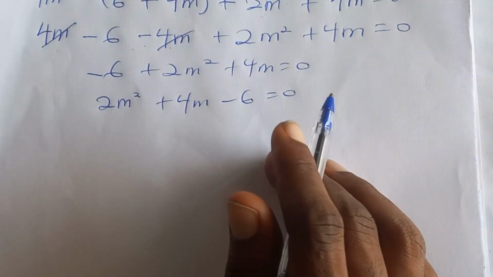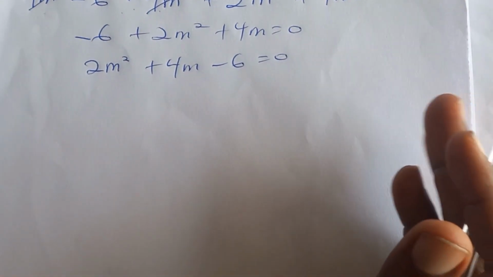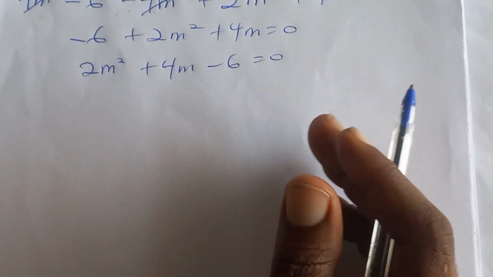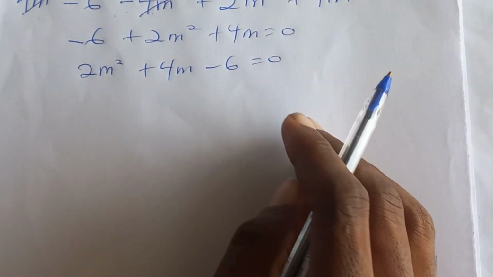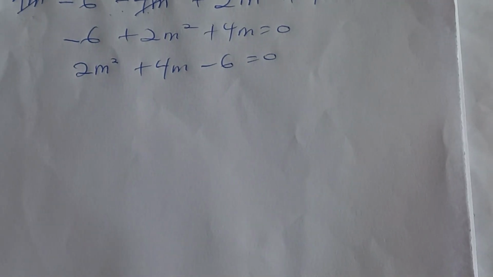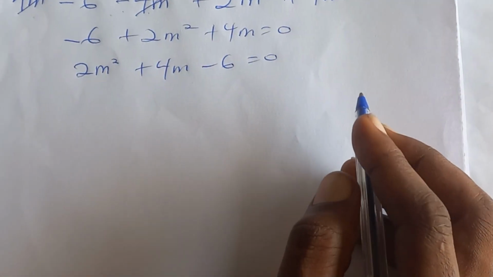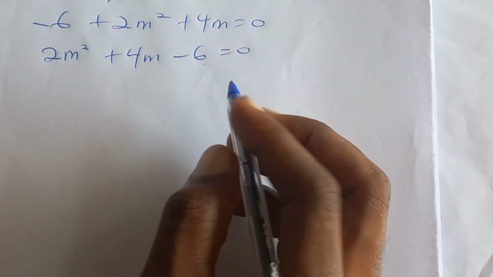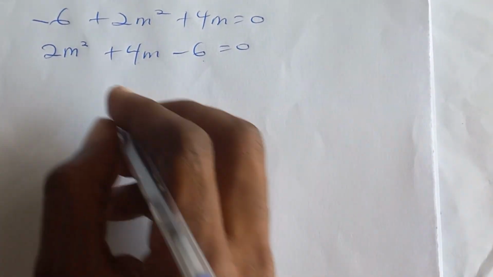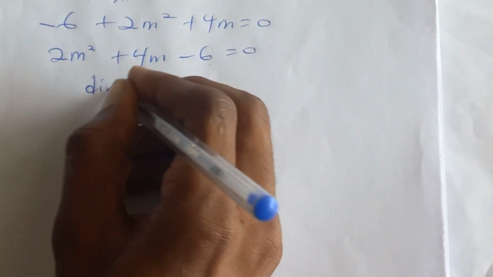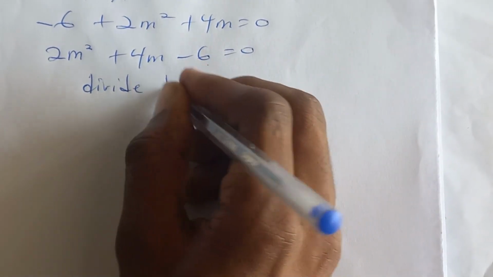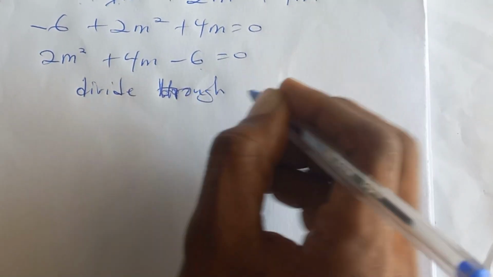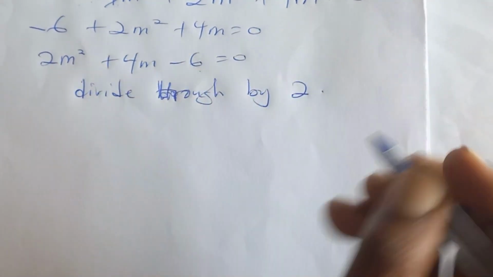And this, you can use the factorization method to solve it, okay? So at your level, grade 8, we need to use the factorization to express this. So let's simplify this further. Let's divide both by 2.